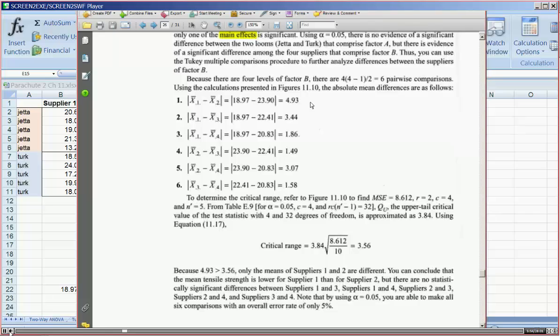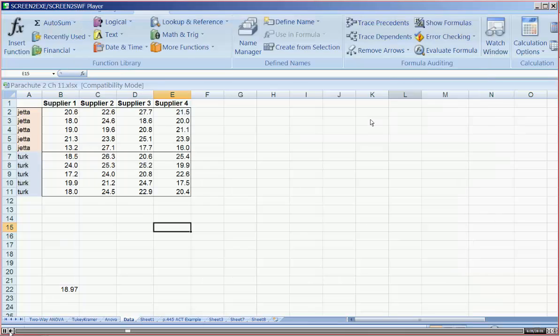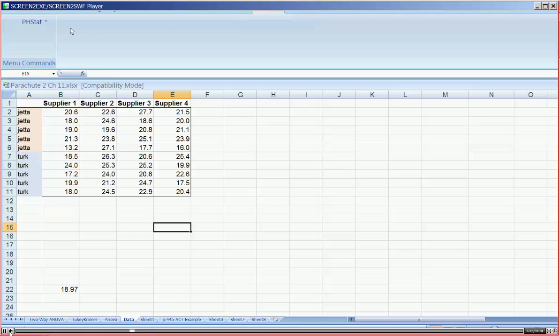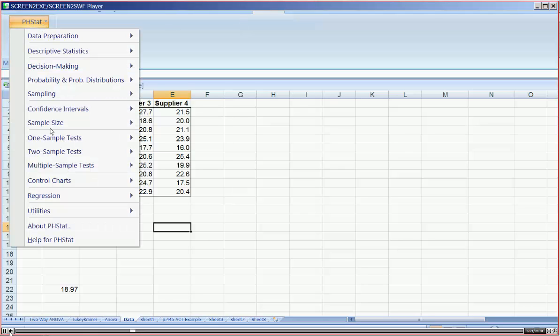Let's start. We're going to have to go back and check these numbers so we see that the software is doing the same thing and it comes up with the same numbers. Here are the data, and what makes it easier or funnier is that we're only going to use the suppliers. We're going to leave out factor A intentionally, which pretty much makes it the same operation.